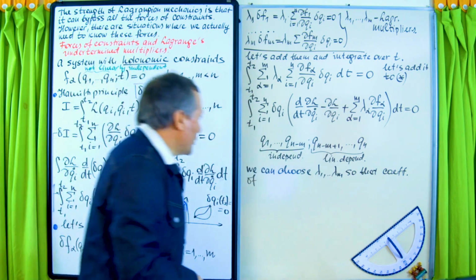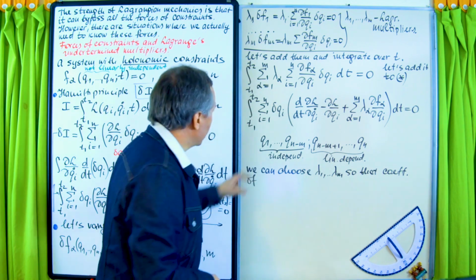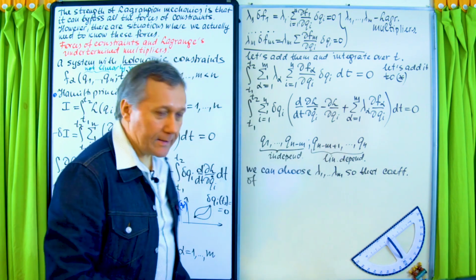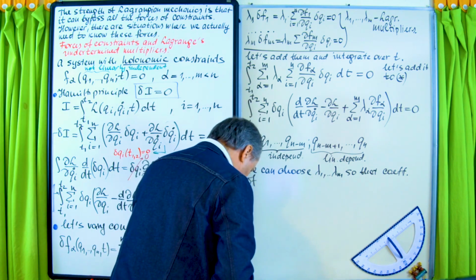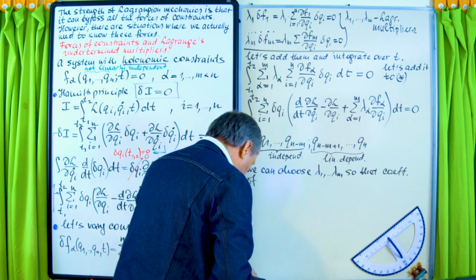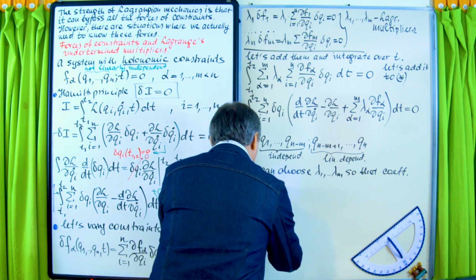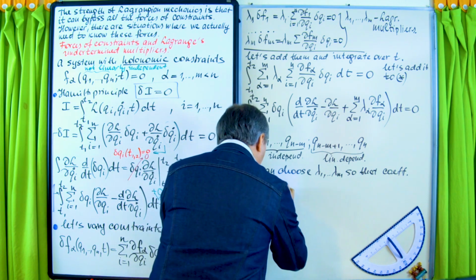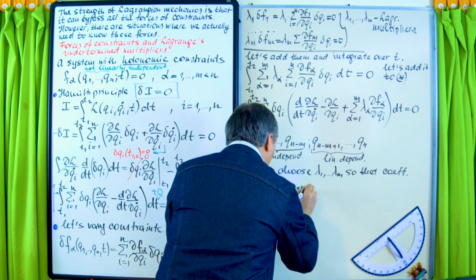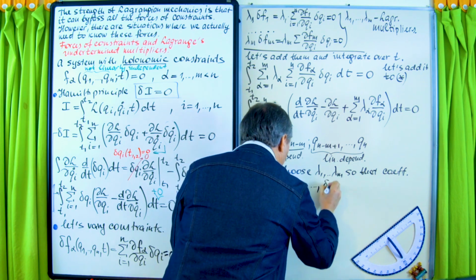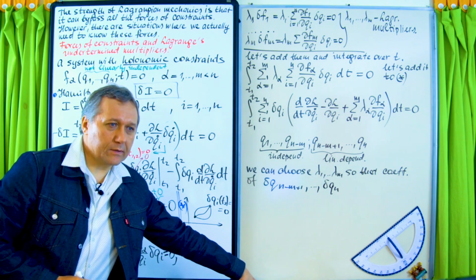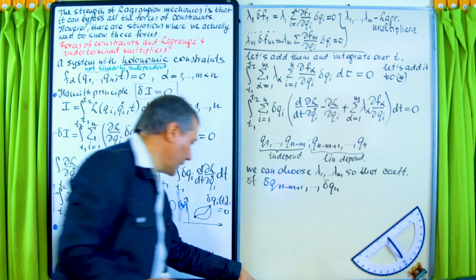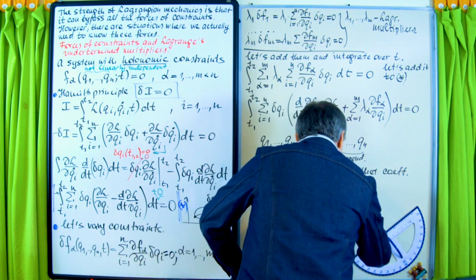Okay, so we can choose those lambdas so that coefficients related to these guys vanish identically. Let me just repeat it: coefficients of delta q n minus m plus 1 and all the way to delta q n vanish identically.